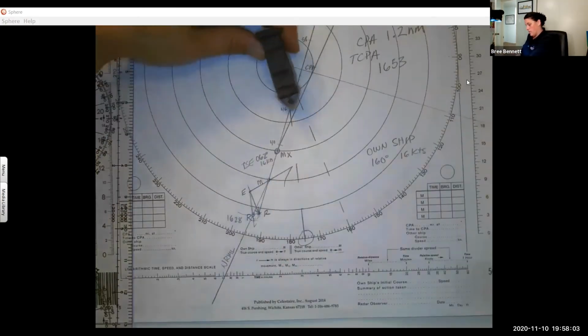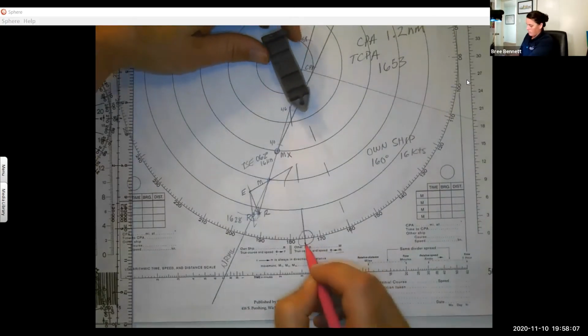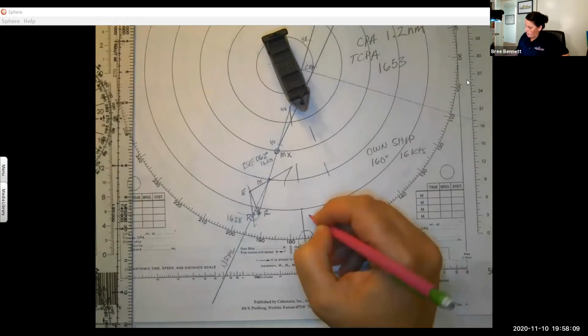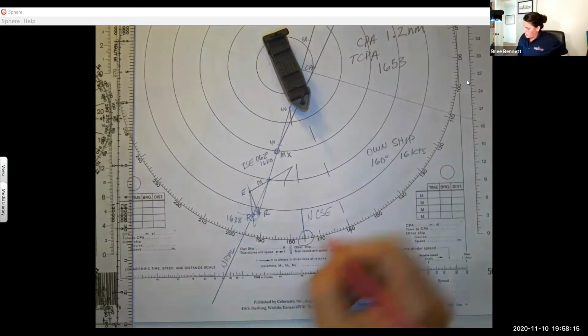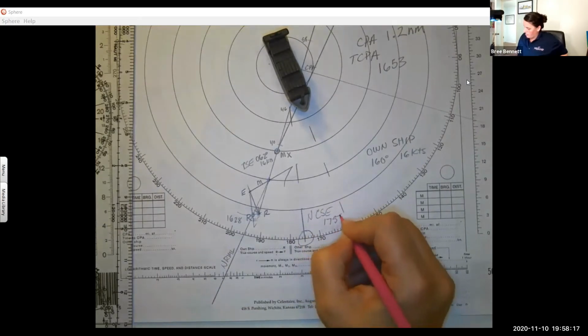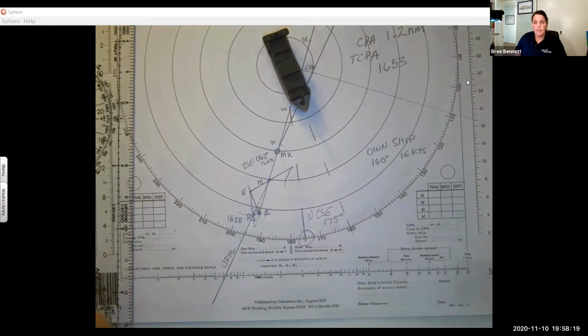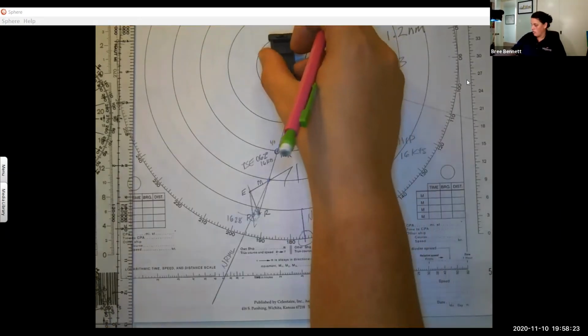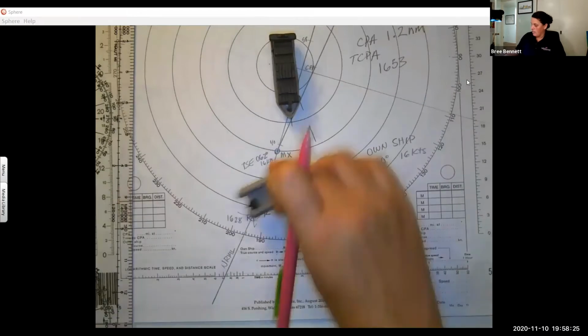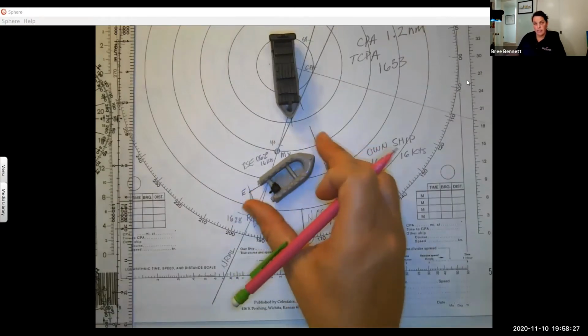I'm changing course to starboard slightly to have my new course of 175. So I came to the right by 15 degrees so that this guy can continue passing ahead of me.